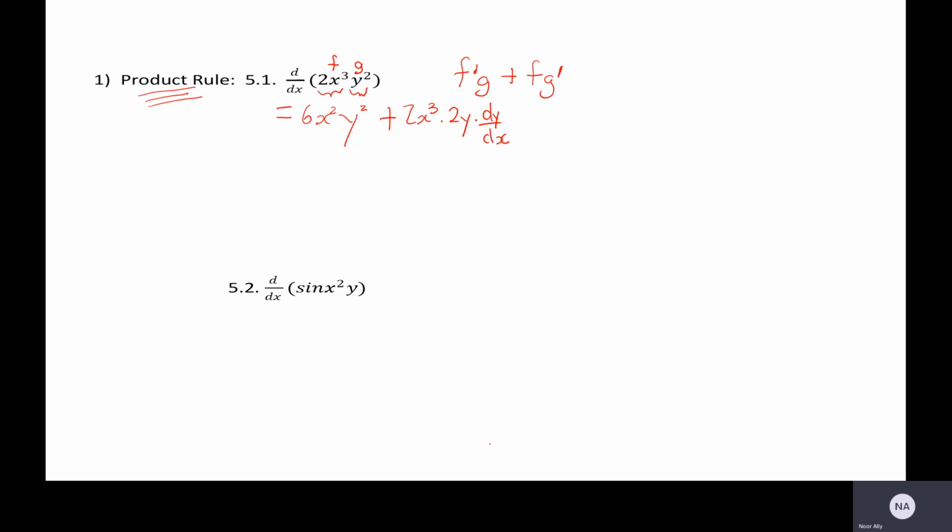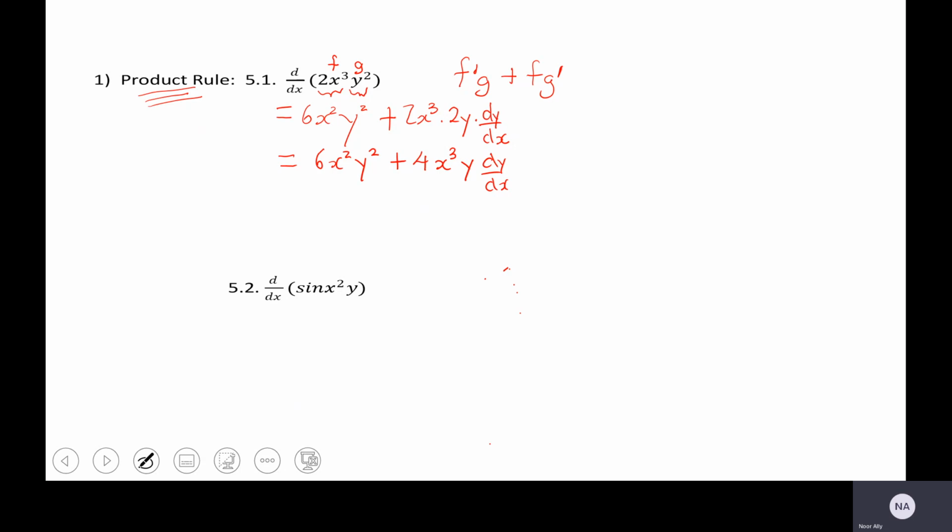Extremely important to identify that you must use the product rule. The only thing that we can really do here is multiply this out, so that 6x squared y squared, plus 2 times 2, that will give me 4x cubed y times dy/dx. We'll come across that at a later stage again when we do more examples.